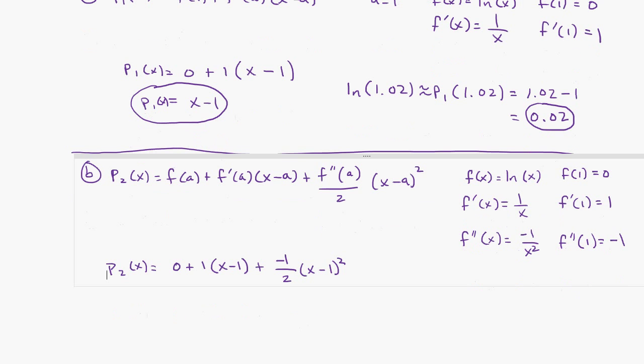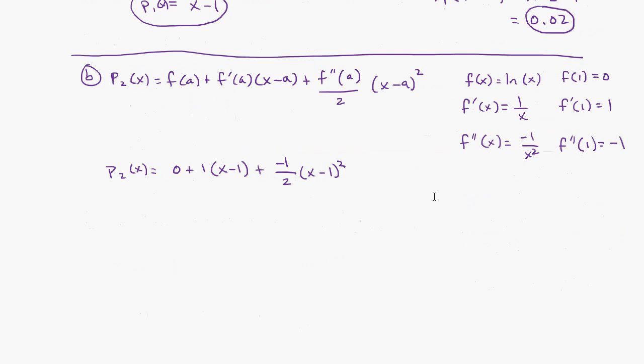And so simplifying this, we get that P2 of x is equal to x minus 1 plus minus 1/2 times x minus 1 squared.